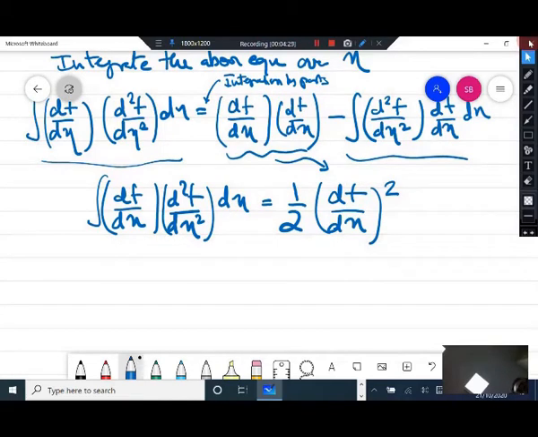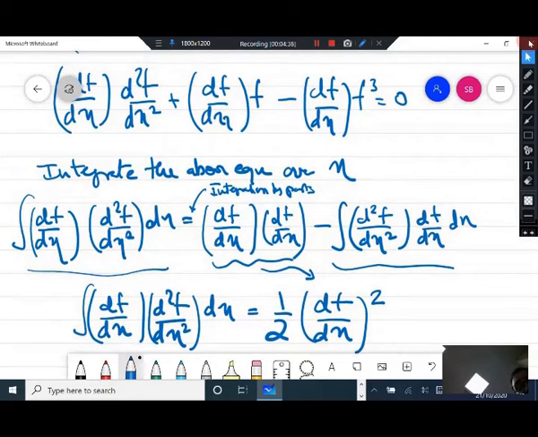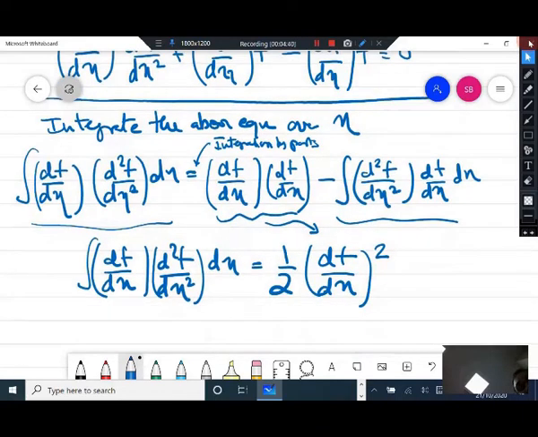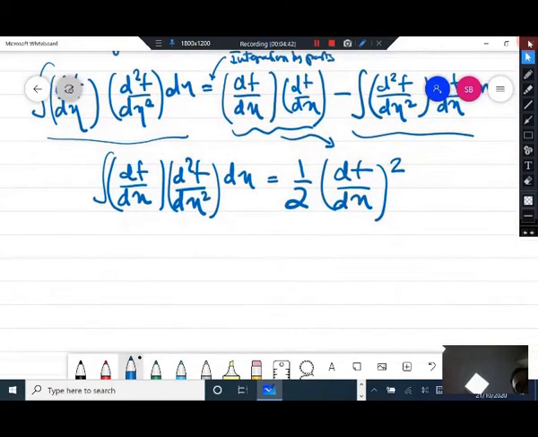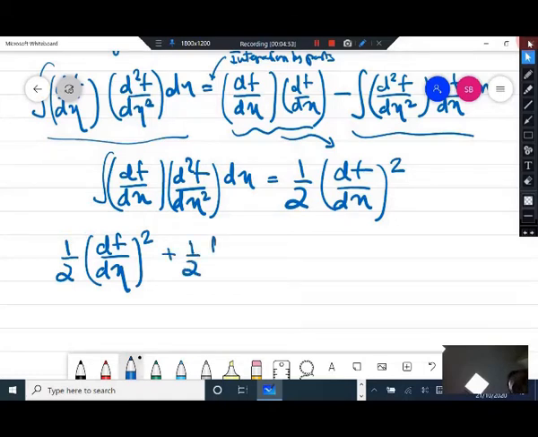If you do the same thing for the others, then when you integrate this differential equation by parts, your expression becomes half of df by d eta the whole square plus half of f square minus one fourth of f raised to 4 is equal to a constant.